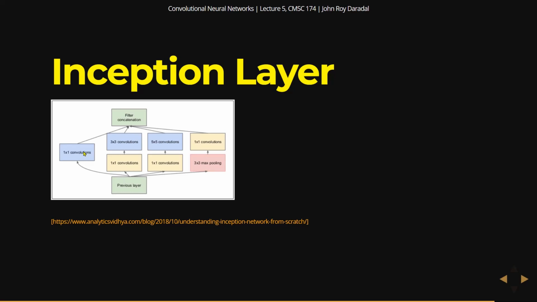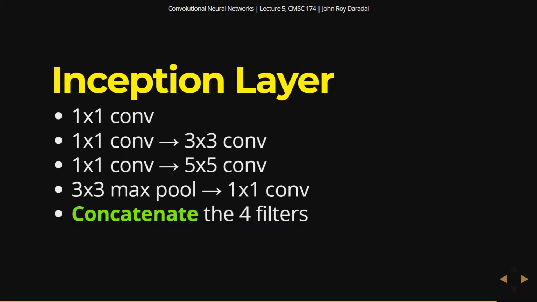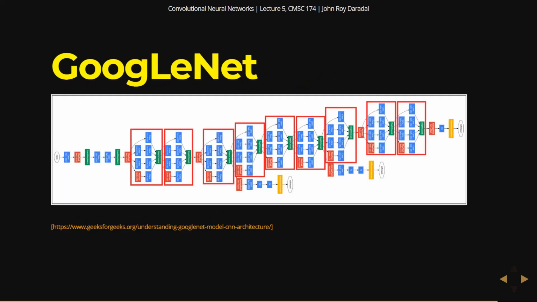So you have these 4 paths, 4 different choices, and then you concatenate the results of each one after that. Okay? So you're kind of looking at them at different scales, and then combining their answers. So concatenate the 4 filters after that.